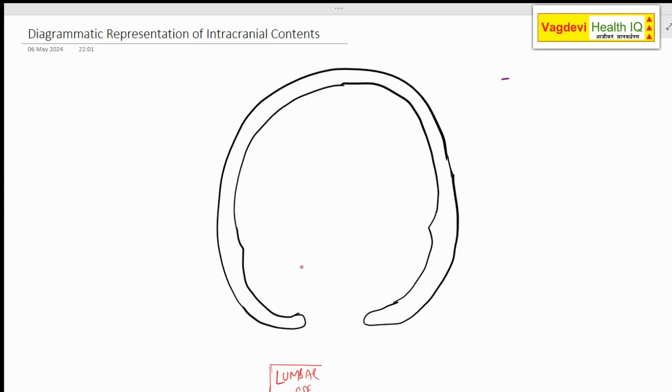Let me draw first. CSF 100 to 150 ml. This is for making you understand; you don't need to just remember it, it's about how the compensatory mechanism works.